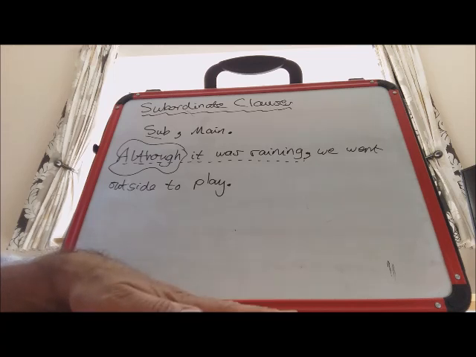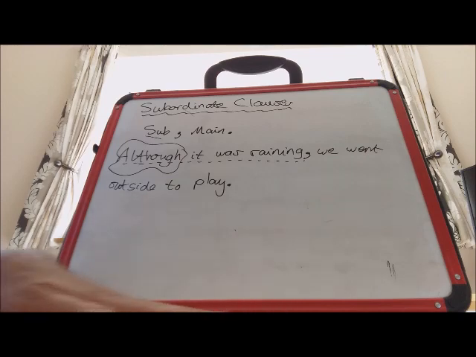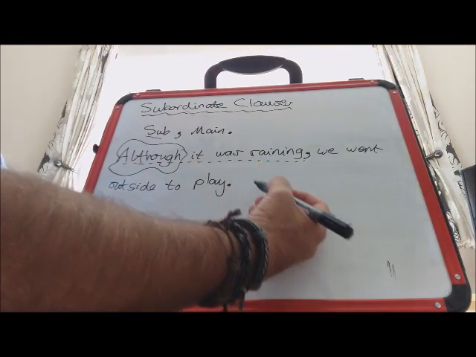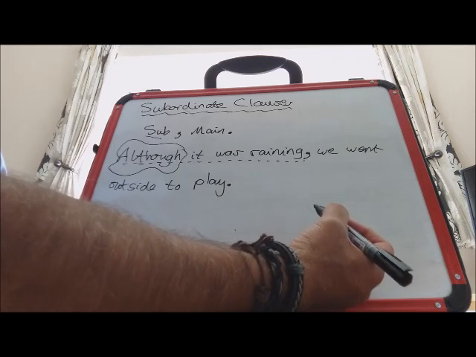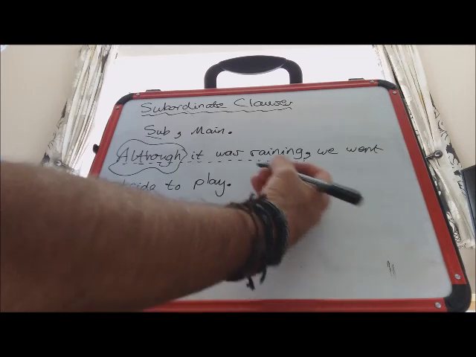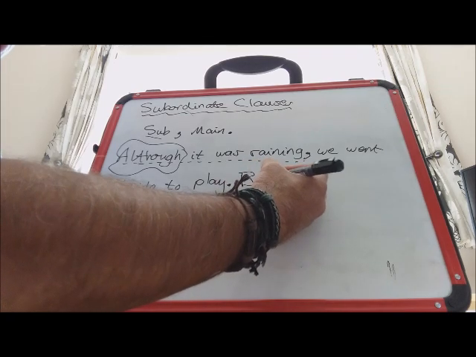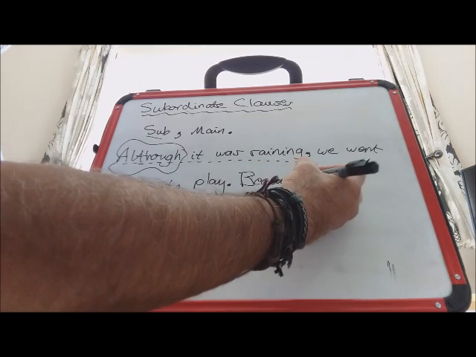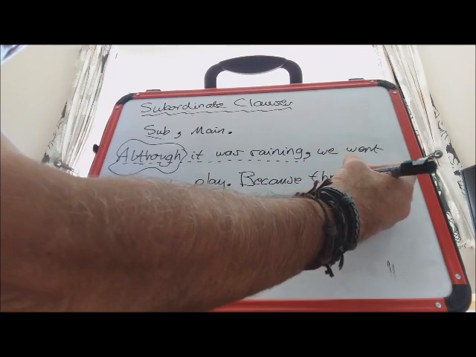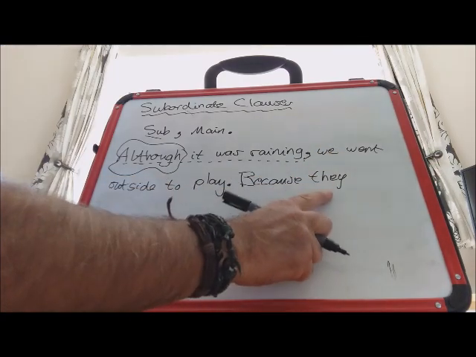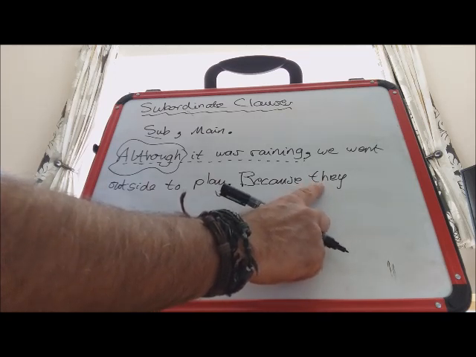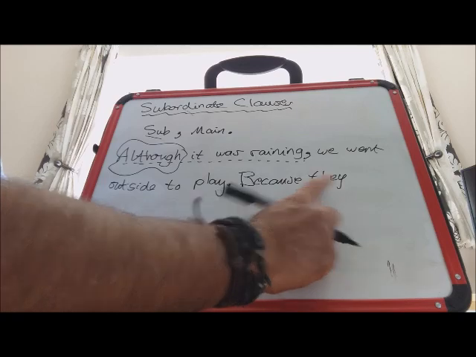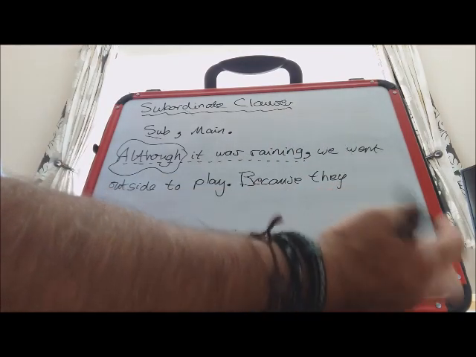Okay, so we went outside to play. Remember it's raining. Some children didn't take their coats. Oh dear, silly children. So what happened? Well, they got wet and they got cold. Why did they get wet and cold? Because they forgot their coats. Right, there we go. Because they, at the moment, the reader doesn't know who they refers to. But that's good because it makes them read on. They have to carry on reading.